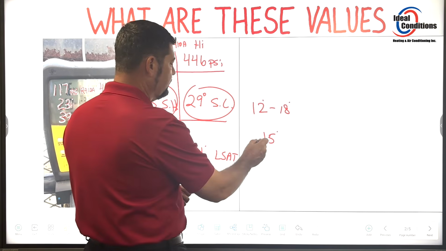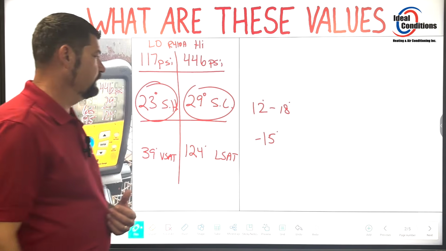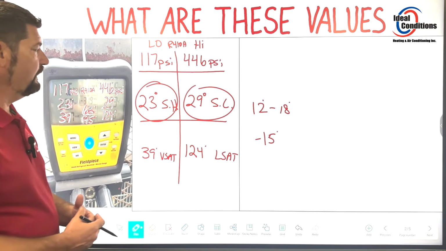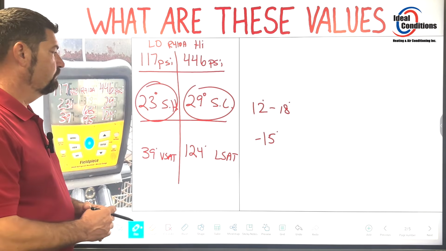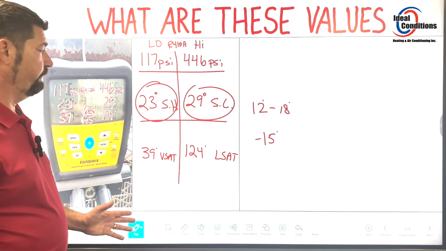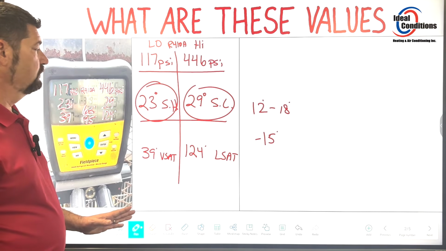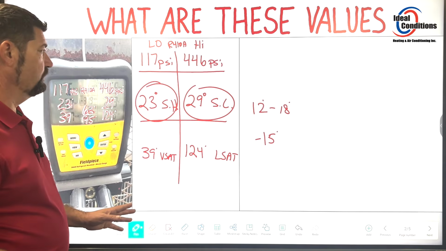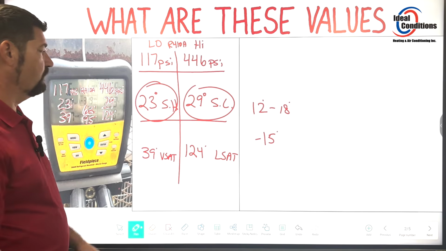So I want to be less than that, right? Well, I'm 29. So very simply, we can say that, hey, I have got way too much refrigerant in this system, first of all. Way too much. This thing is severely overcharged.